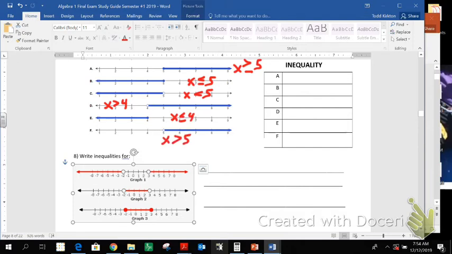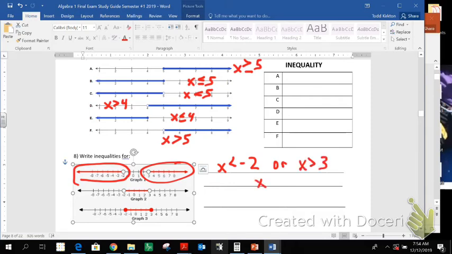It's pretty straightforward. Now these down here are writing our compound inequalities. So if you see the arrows going the opposite way, you know it's an or. So I have one on the left, which is x is less than negative 2, and then I have one on the right, so I'm saying or x is greater than 3.